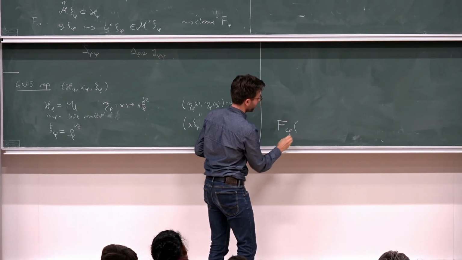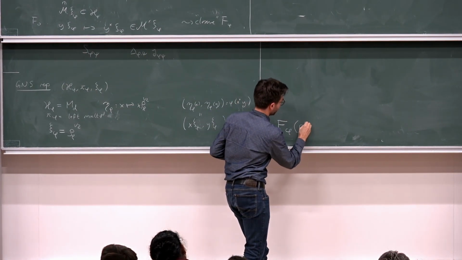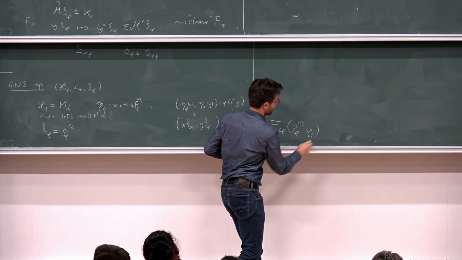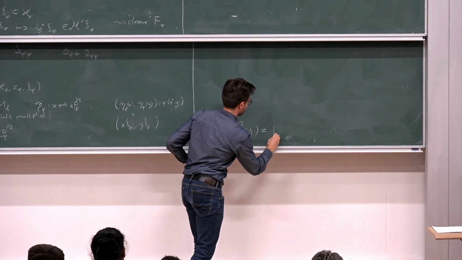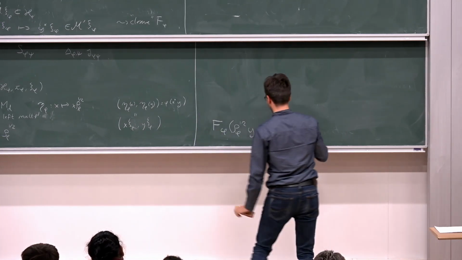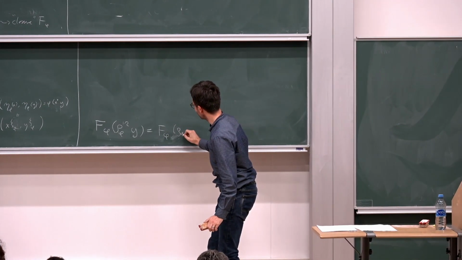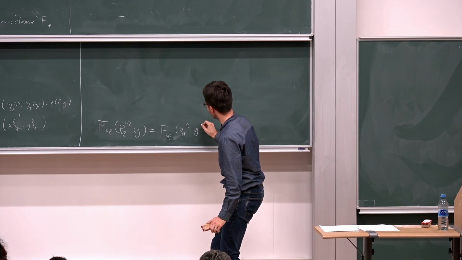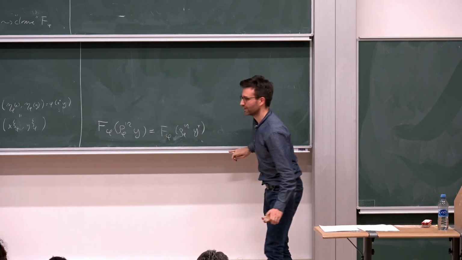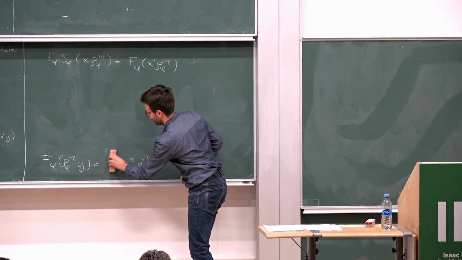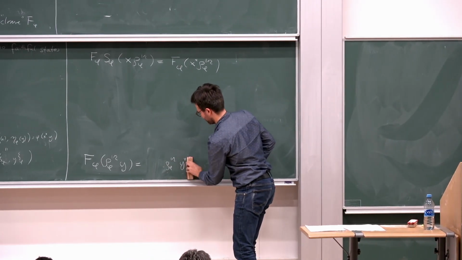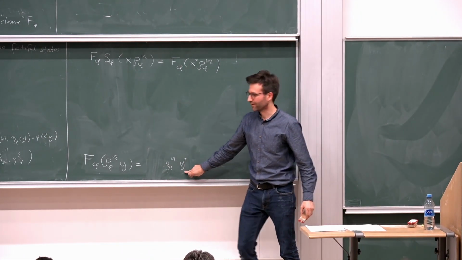F phi of rho phi 1/2, and here we put some y that is out of the commutant, is mapped to F phi of rho phi 1/2, and here we put y star. So we act from the other side.